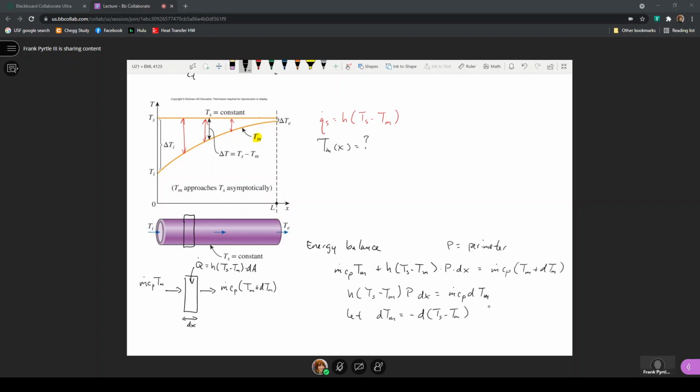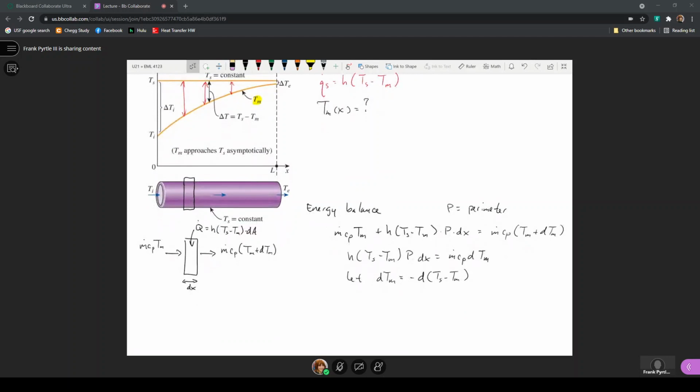So this expression of minus d of Ts minus Tm is the same as dTm, because the change in Ts is equal to 0. And so with the minus sign multiplied by dTm, I get exactly the same expression.